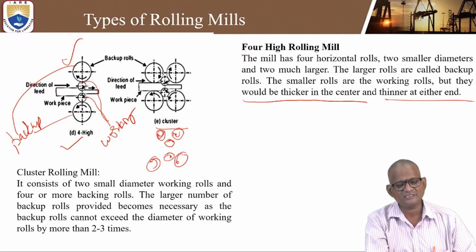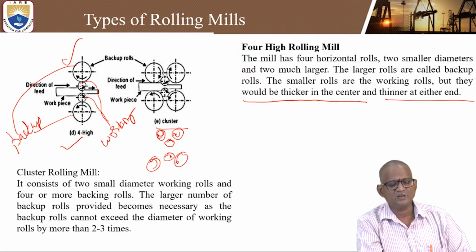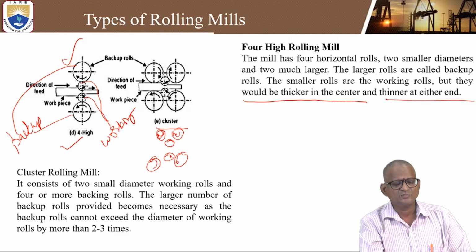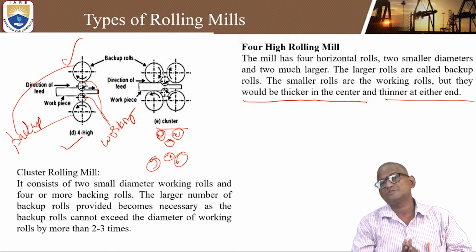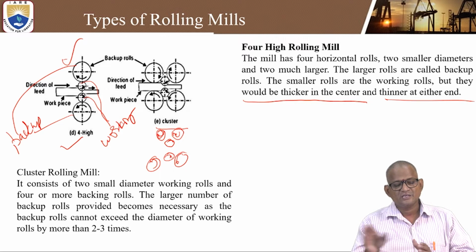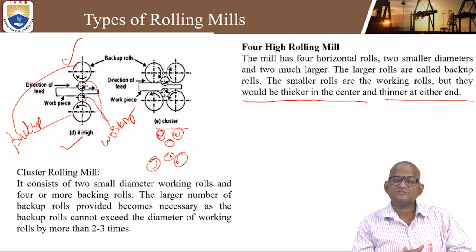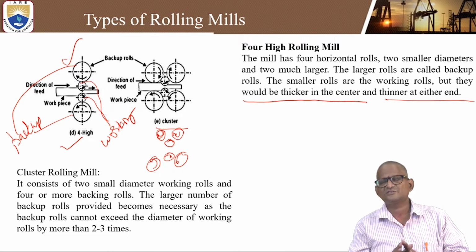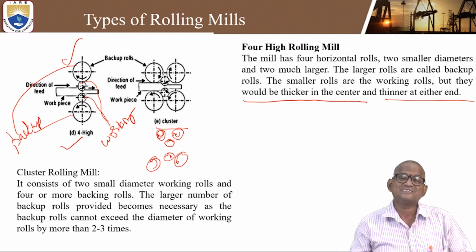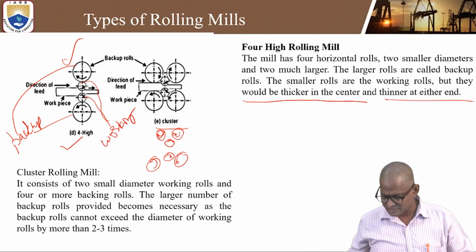But in the case of the cluster rolling mill, there are also small rollers, and above that 4 or more backup rolls can be used. With the large number of backup rolls, the size cannot exceed the diameter of the working rolls by 2 to 3 times its diameter. So that uniform reduction in thickness can be made in this cluster type.